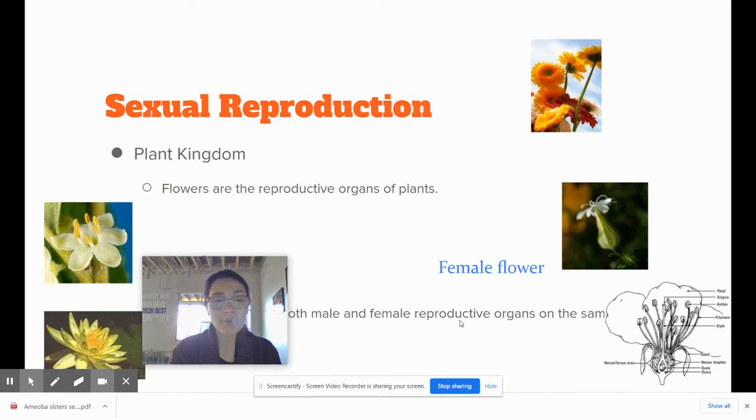But then you also have plants that can do sexual reproduction, and that is with their flowers and pollen. The flowers are the reproductive organs of plants, and the flowers contain the egg of the plant, and the pollen is the sperm of the plant. Once the pollen gets in those flowers, it produces a new organism.